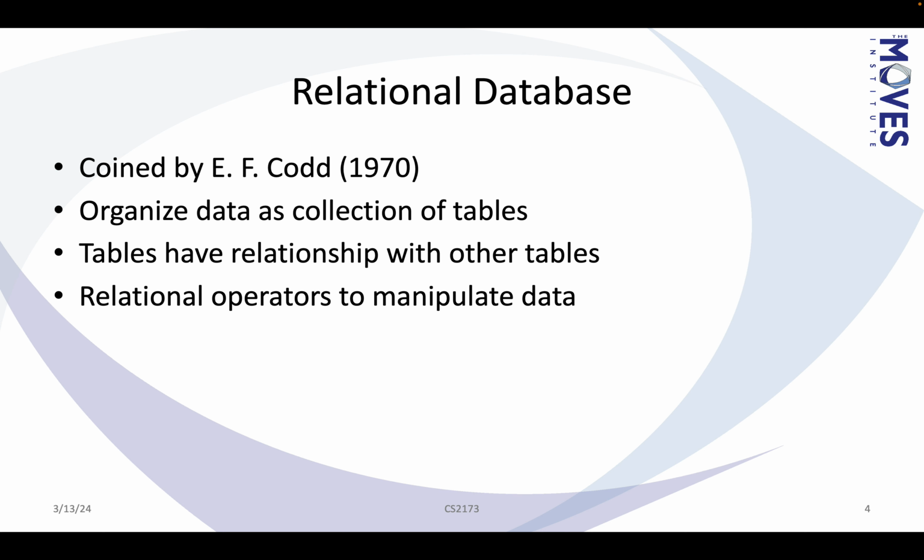So the idea is that the data is organized as a collection of tables, and you should have a good thought of a table. Think of a spreadsheet. Each sheet is literally a table. A table has a fixed number of columns and a fixed number of rows.